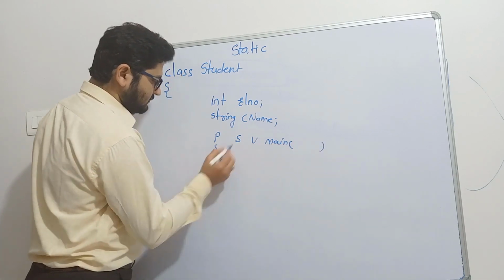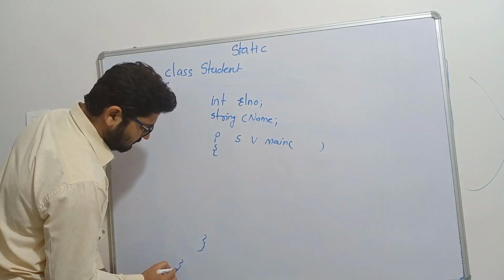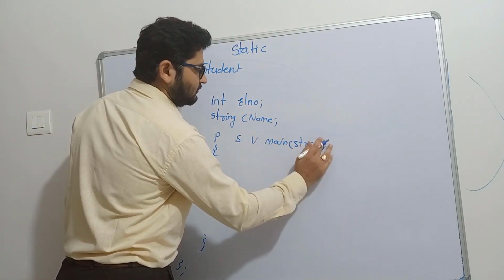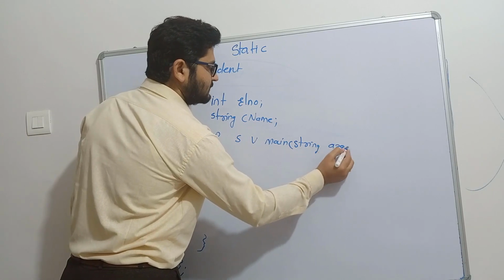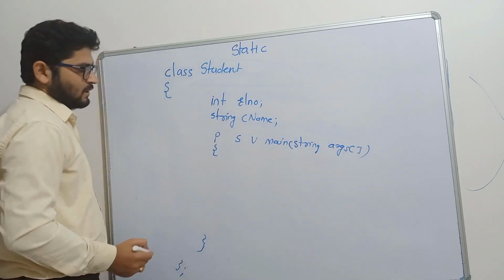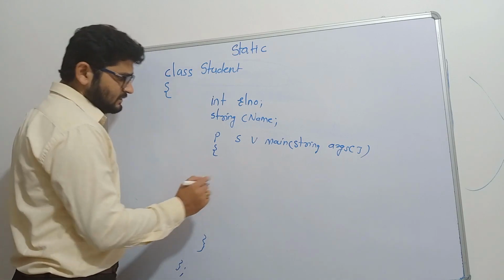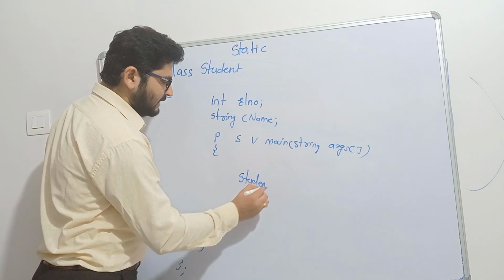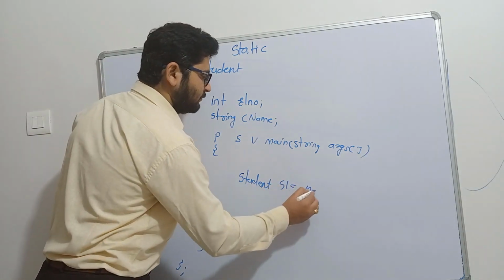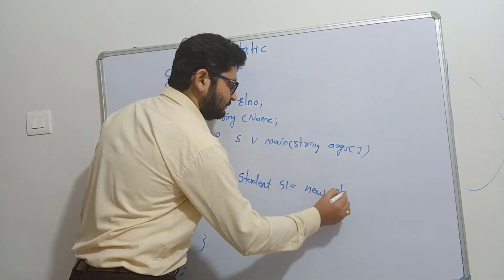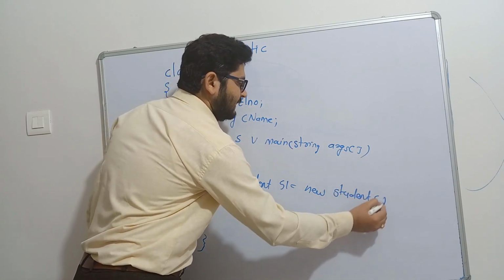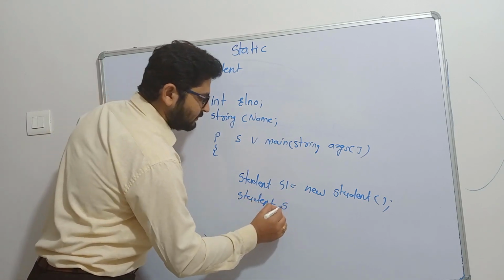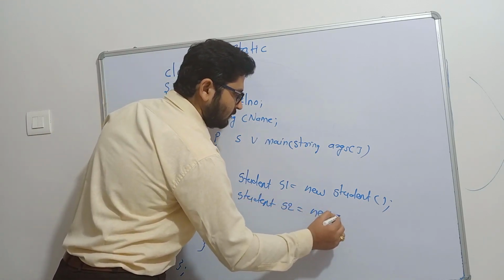Inside this, let us suppose I am creating one object of the Student class with the name S1 using new, and then one more object of the same class, S2, with new.